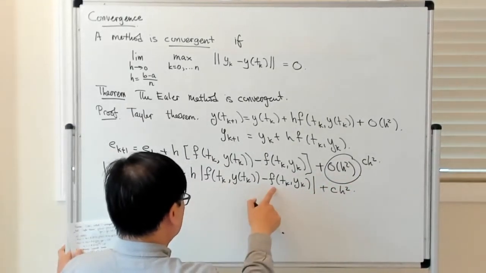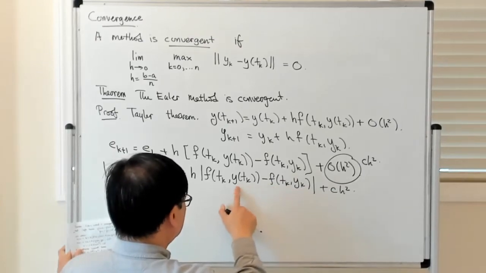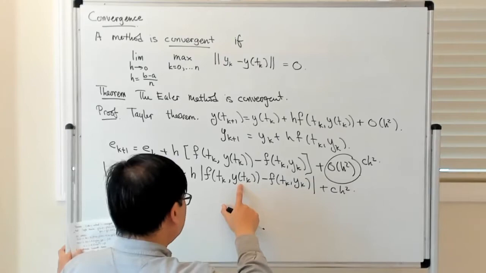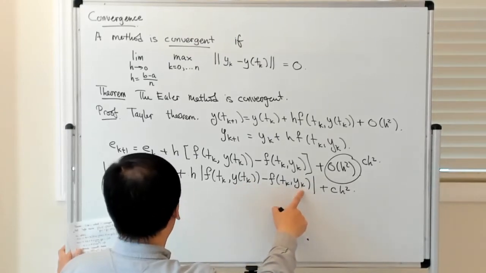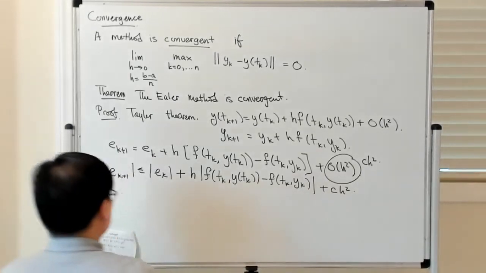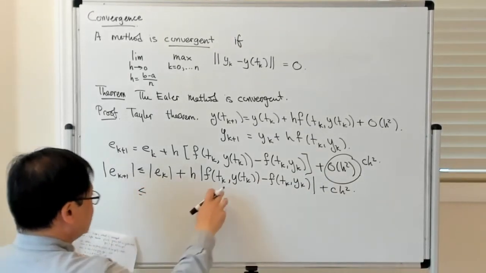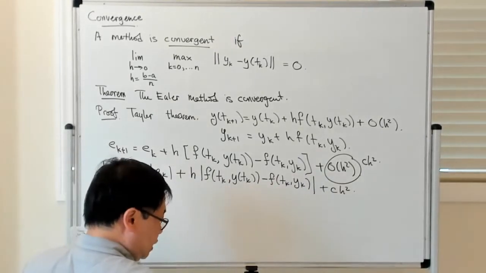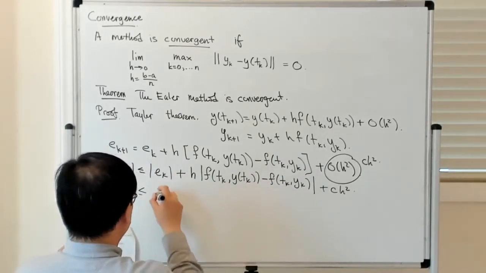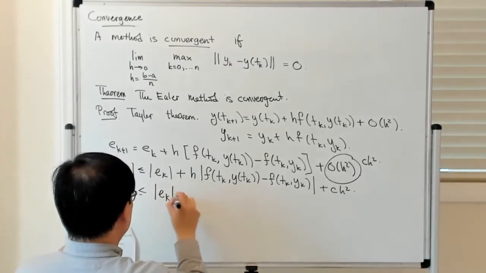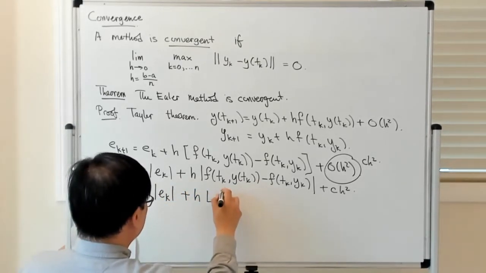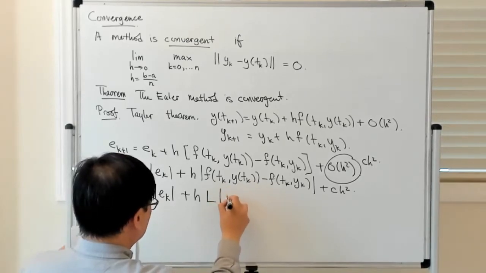Again, this is the function f evaluated at two different values of y, but the point is that the difference between these two values of y is exactly the error at the k stage. So we're again going to use the Lipschitz estimate for this. This is less than or equal to the absolute value of e_k plus h times L, the absolute value of the difference.